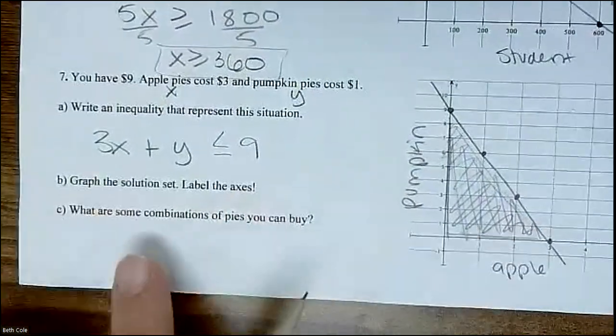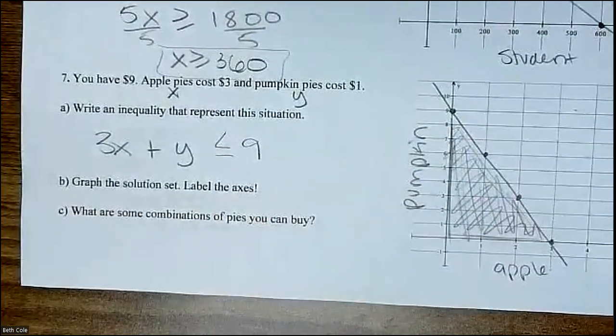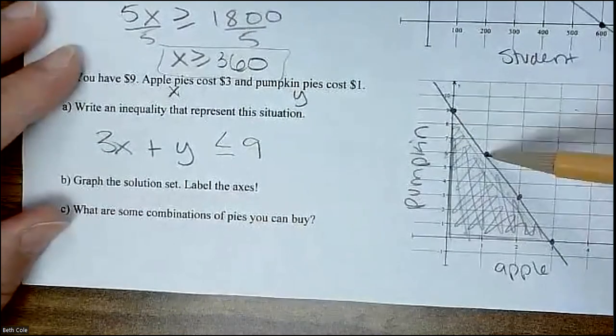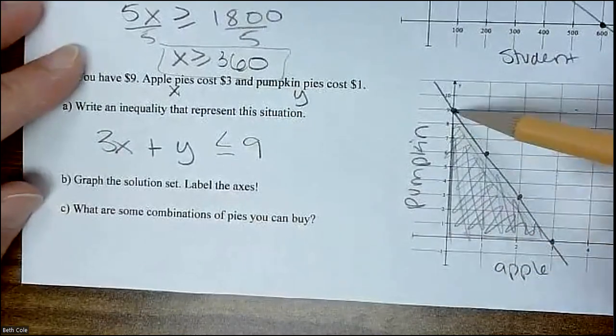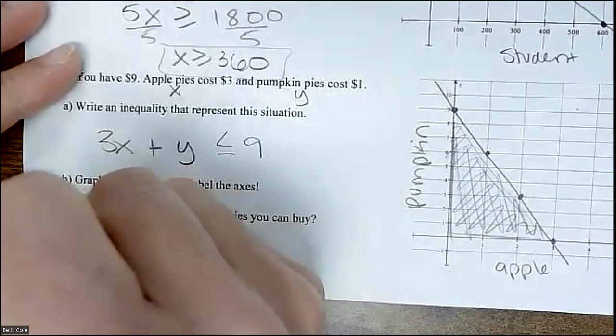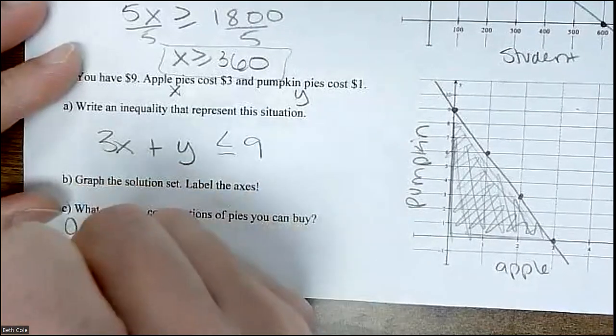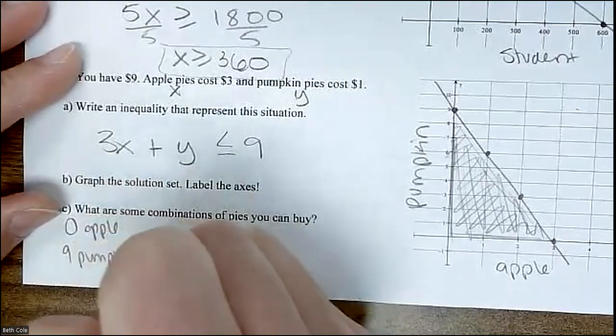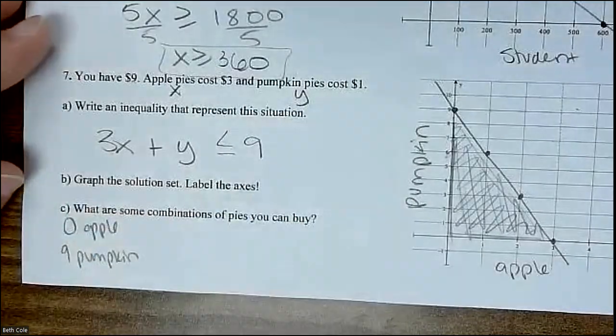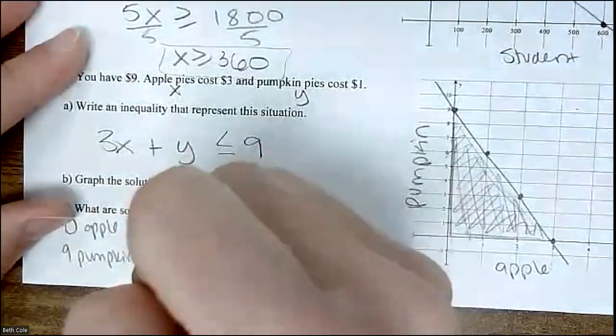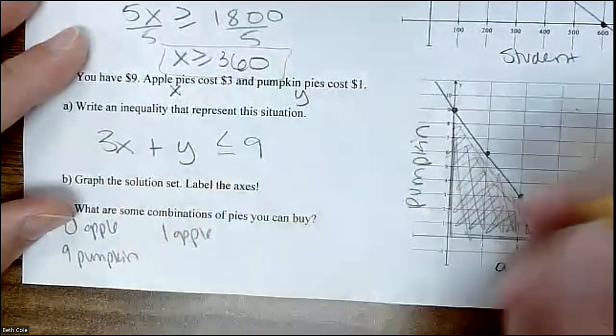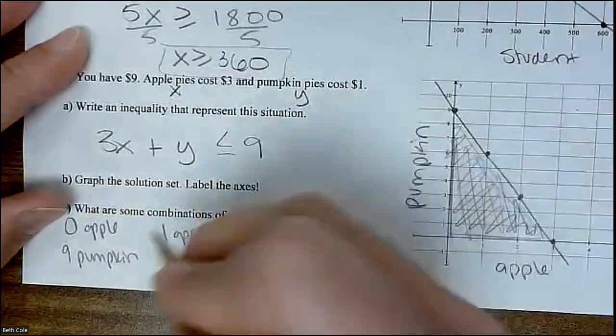All right, so we graphed, we labeled. So what are some combinations of pies that you could buy? Well, that's going to be where all these points end up. So you can buy 0 apple and 9 pumpkin, because if they're $1 each and you have $9, you could just buy all pumpkin pies. You could buy 1 apple pie and 6 pumpkin.